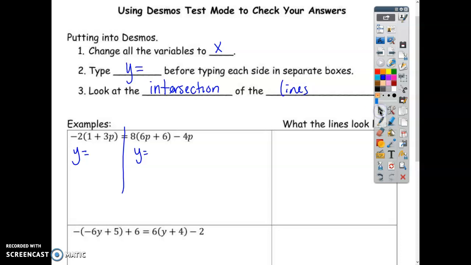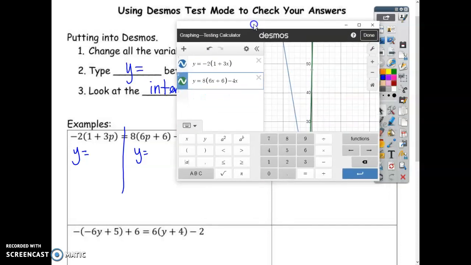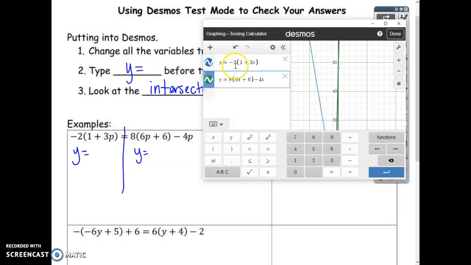So go ahead and type the left side in decimals, y equals, the right side in decimals, y equals, and we're going to draw what the lines look like. Okay, go ahead. Okay, so when we type them in decimals, here's my first one, y equals negative 2 parentheses 1 plus 3x. And here's my second one, y equals 8 parentheses 6x plus 6, close parentheses, minus 6, 4x.